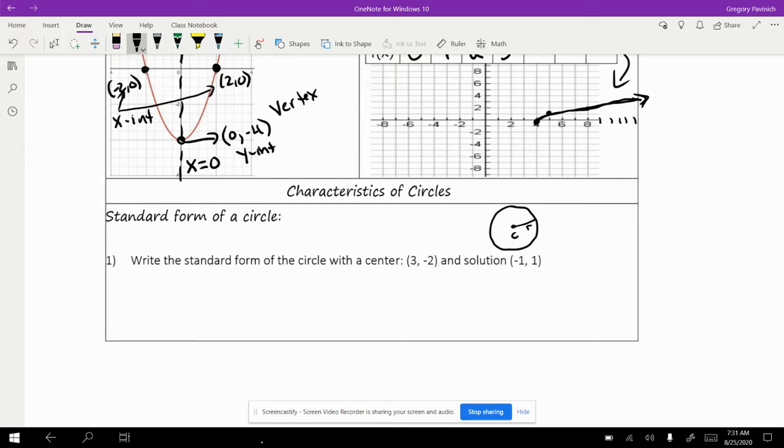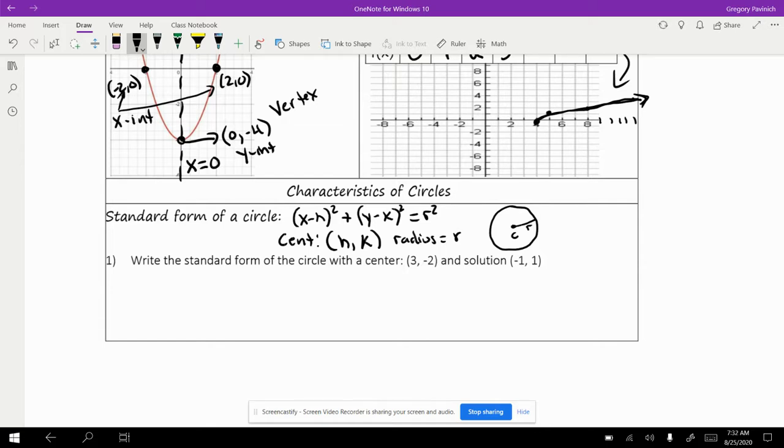Okay. Standard form of a circle is x minus h squared plus y minus k squared is equal to r squared, where your center is the point h comma k, and your radius is just r. So my radius is being squared, and the coordinates of my center, when I put them into the equation, have the opposite signs.